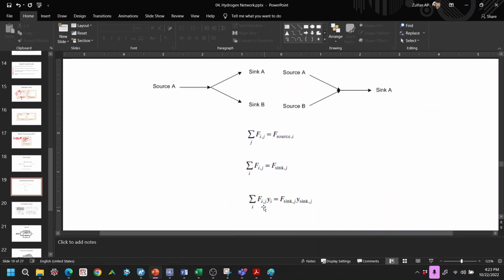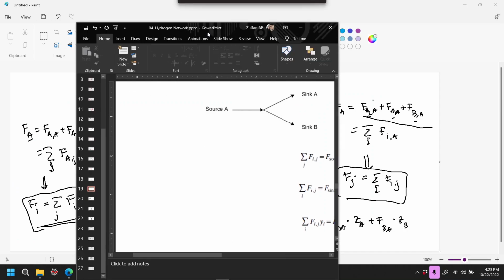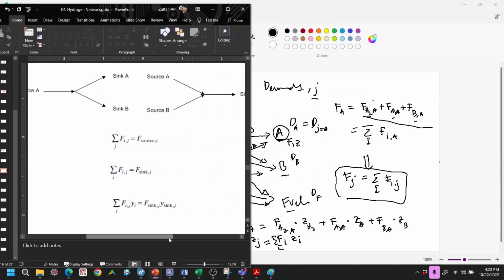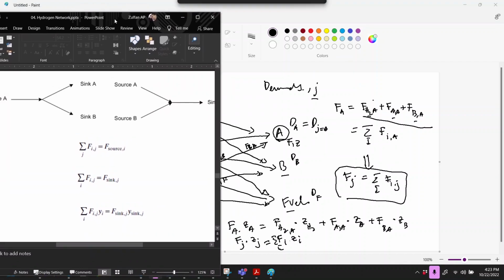I forgot to put the J. So this sink is for every J, this J and then that J, and I put Z here as opposed to Y, but you get the point.